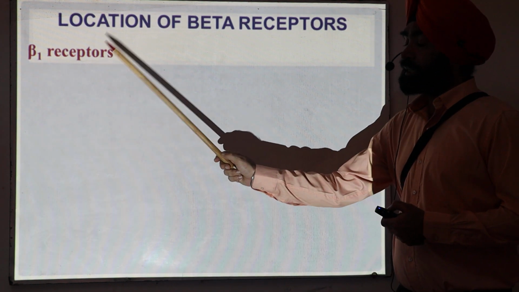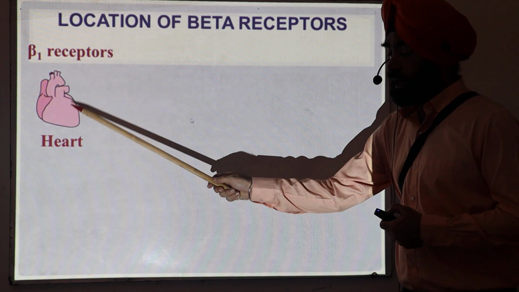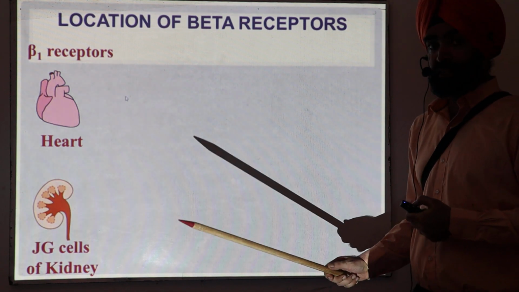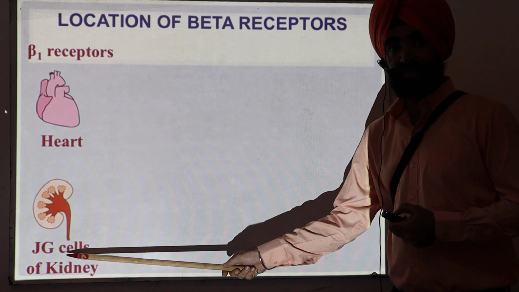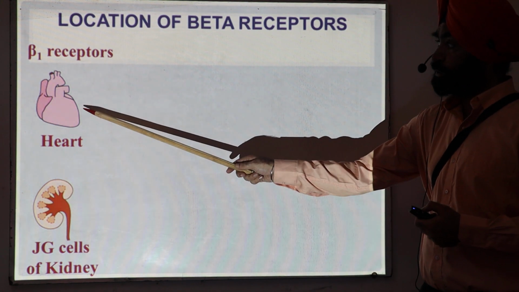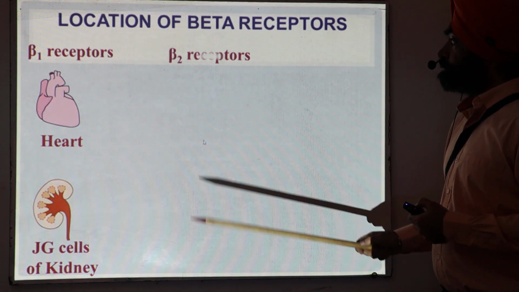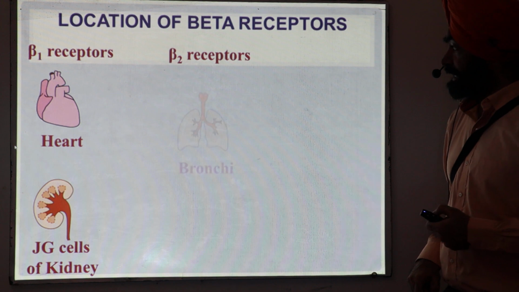So where are the beta receptors located? One important type is beta 1, which is located on the heart, and the second location is the JG cells, the juxtaglomerular cells of the kidney. These are the two important locations of beta 1. Now beta 2, where are these located?